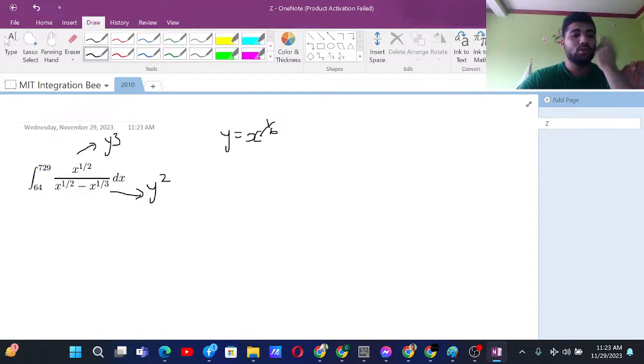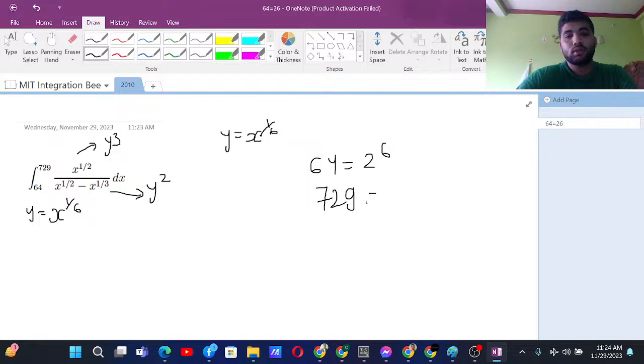That's why I made this decision while solving the problem initially in my copy. So we have y equals x to the power 1 by 6. Also you can see that 64 is just 2 to the power 6, and 729 is just 3 to the power 6. So that's also why you can think of this decision.